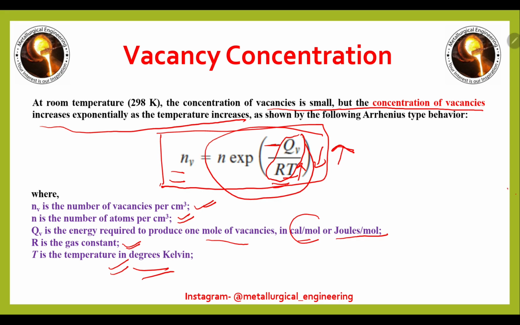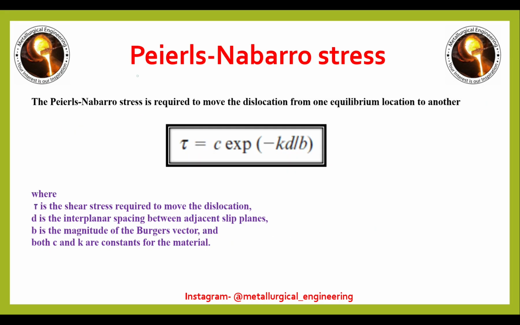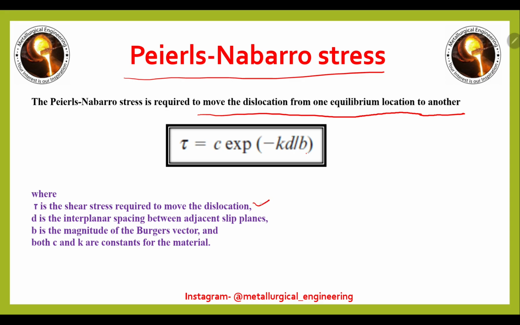The next one is Peierls-Nabarro stress. This stress is required to move the dislocation from one equilibrium location to another, and it is represented as tau is equal to C exponential minus KD by B. Here tau is the shear stress required to move the dislocation.